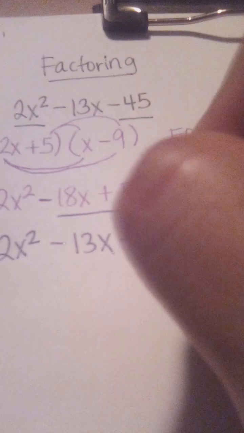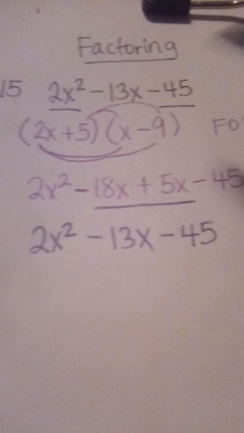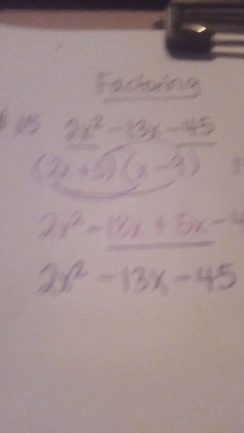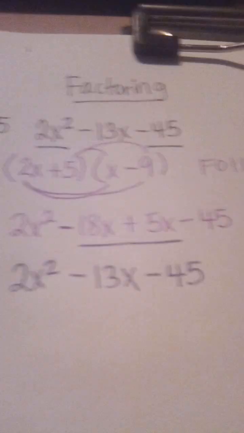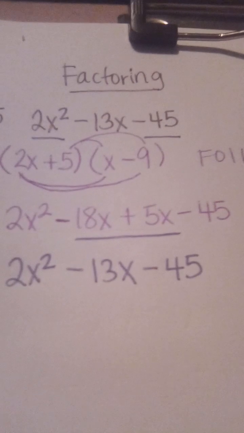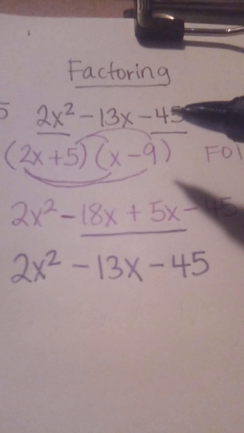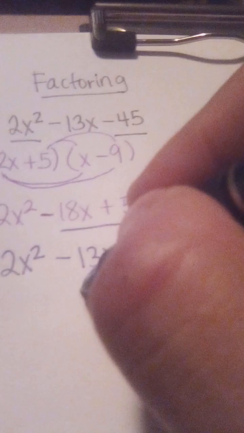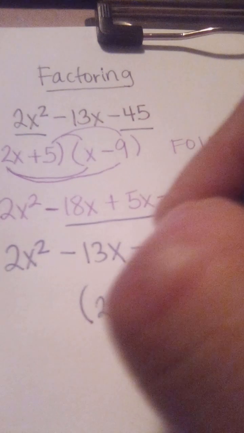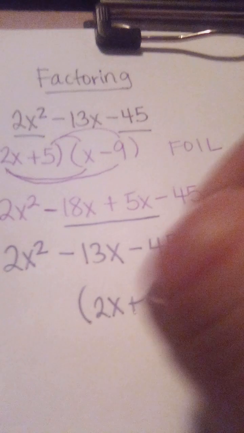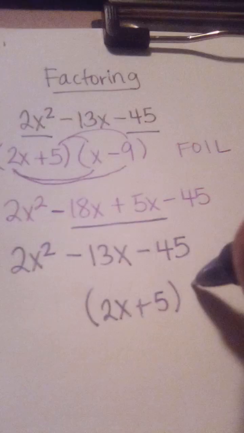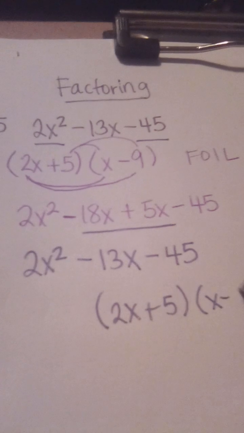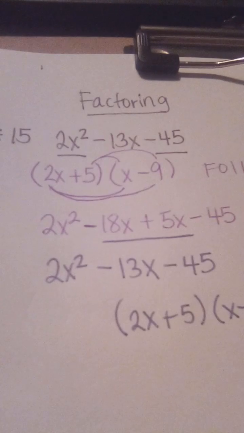Minus 45. Question: does this simplified form match the original? Yes. So our final answer is (2x + 5)(x - 9). That is our final answer.